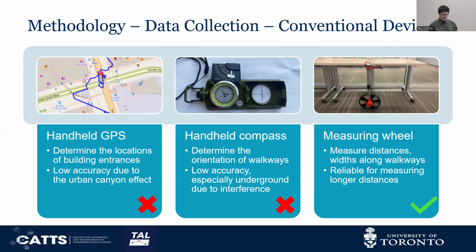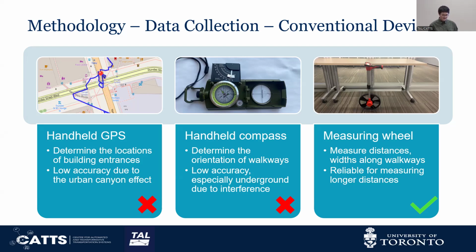But we found that this had pretty low accuracy when underground. But luckily, a lot of the walkways line up exactly parallel or perpendicular to the street grid. So we can use that as an estimate for the orientation.